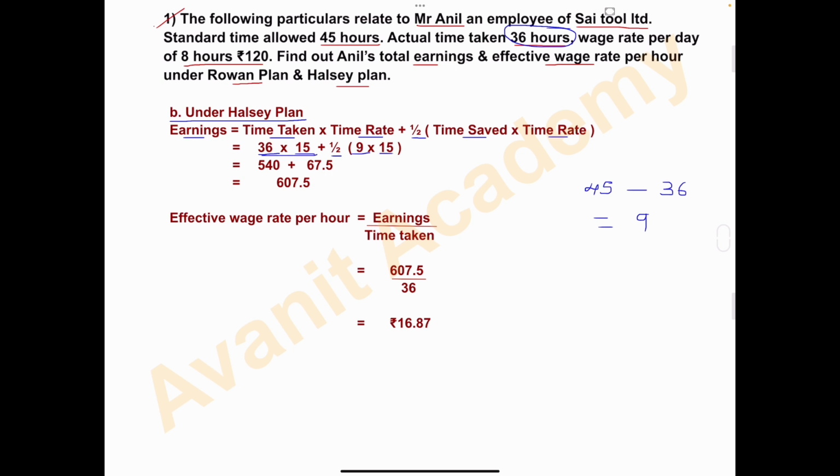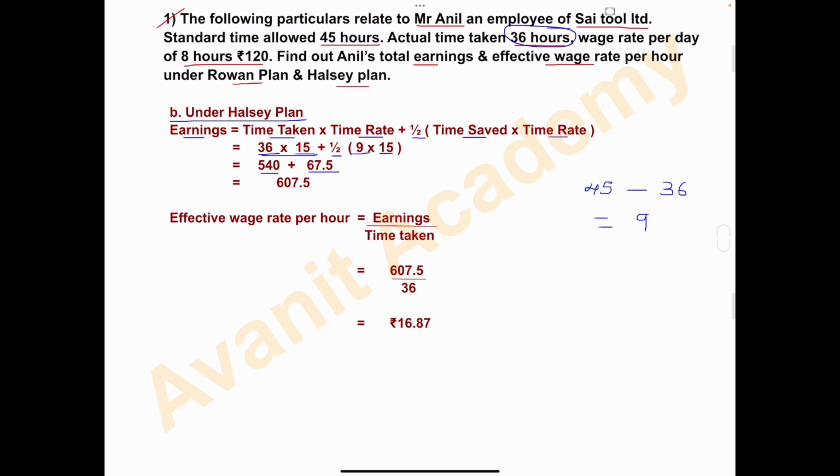First multiply this: 36 into 15, answer is 540. 9 into 15, you will get 135, into 1 divided by 2, answer is 67.5.